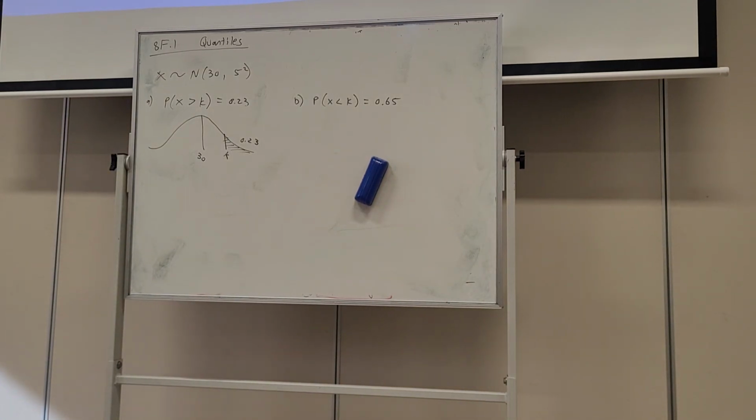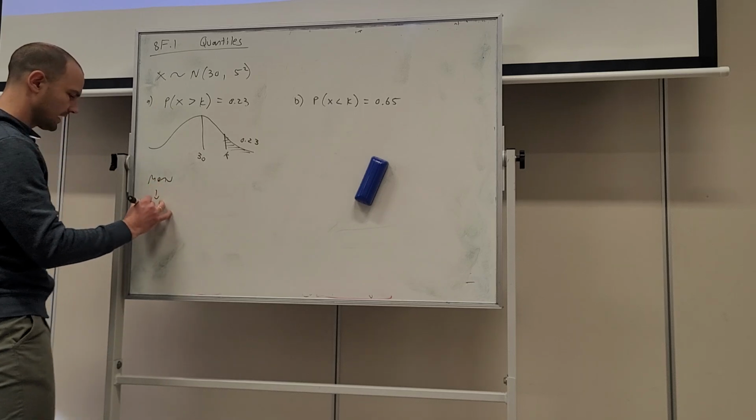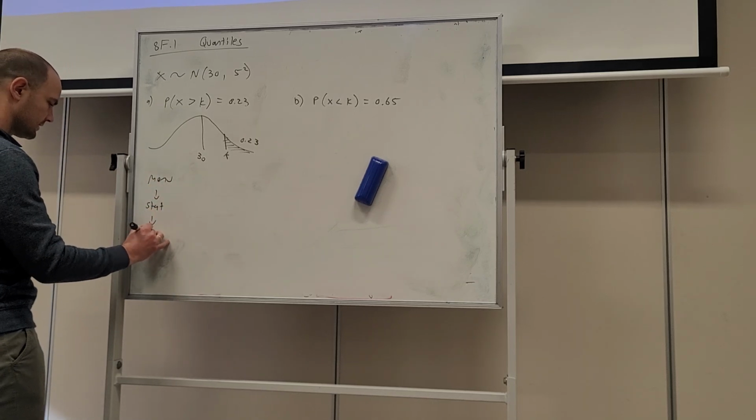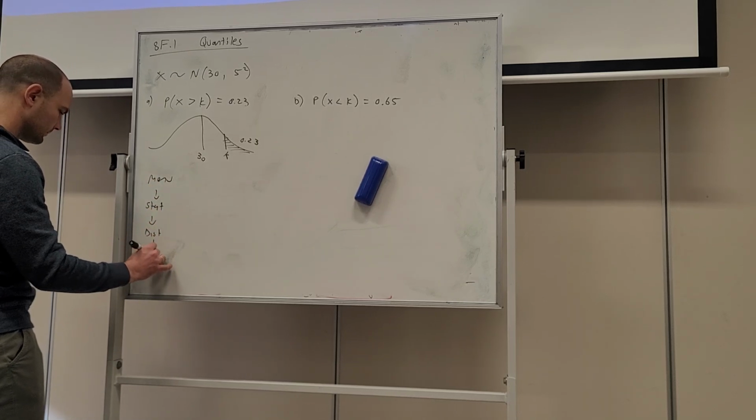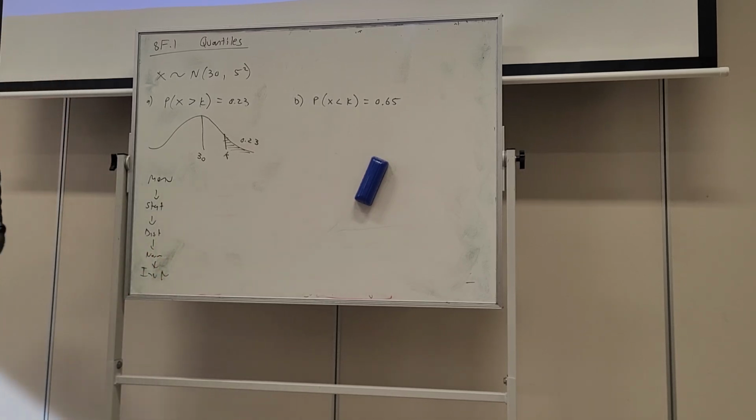Get the calculator out. In statistics mode, distribution, normal, inverse normal. Menu, stat, dist, norm, inverse normal. Now it's going to present us with a number of options. I'll talk about what each of those represents.